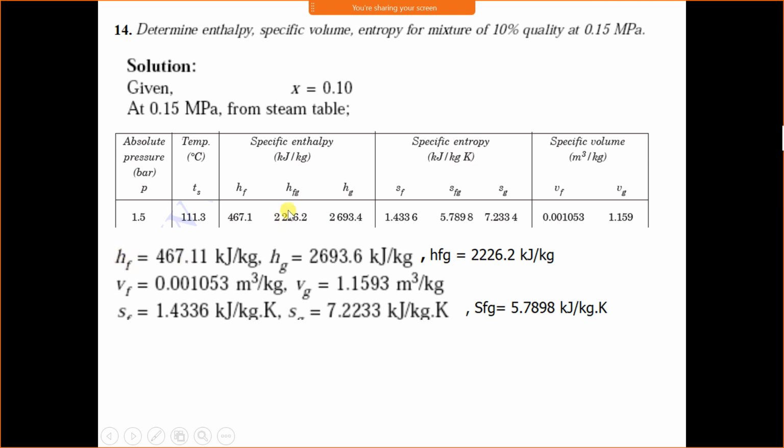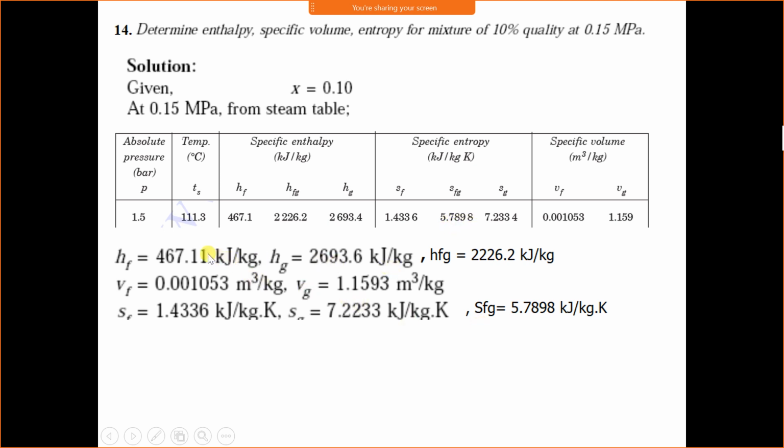hf is equal to 467.1, hg 2693.4, hfg 2262.2, then vf 0.001053, vg 1.159, then sf 1.4336, sg 7.2334, then sfg 5.789.